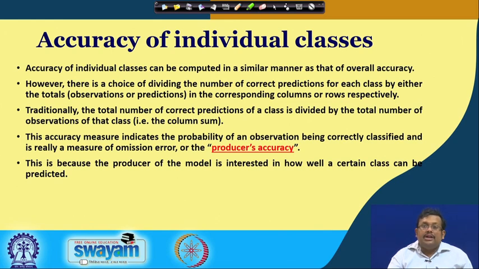I have already told you the correct predictions are indicated by the diagonal values in this confusion matrix. When we take the ratio of the correct predictions of a class to the total number of observations of the class, we get the producer's accuracy.